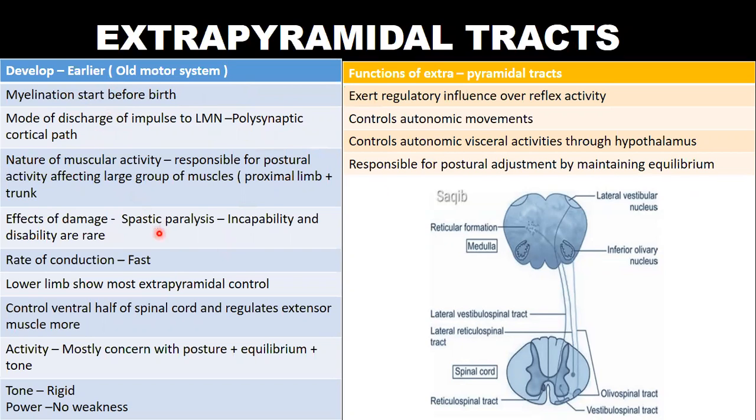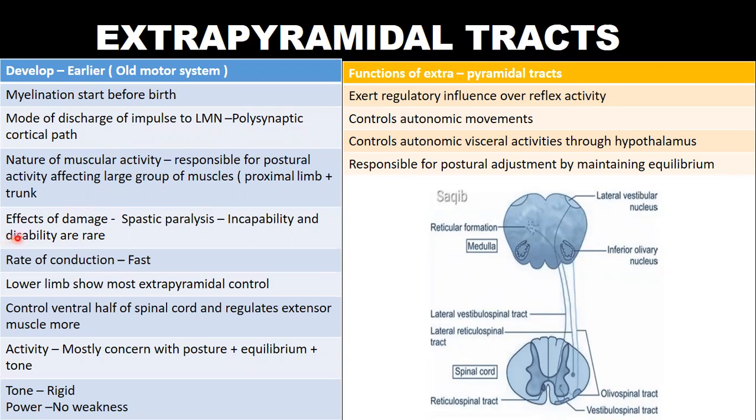Nature of muscular activity: it is responsible for our gross postural movements, affecting our large muscles, whereas the pyramidal tract affects our small muscles.